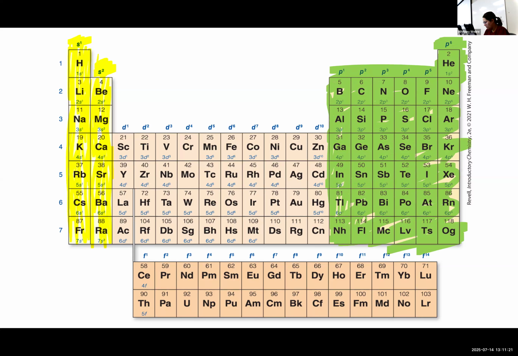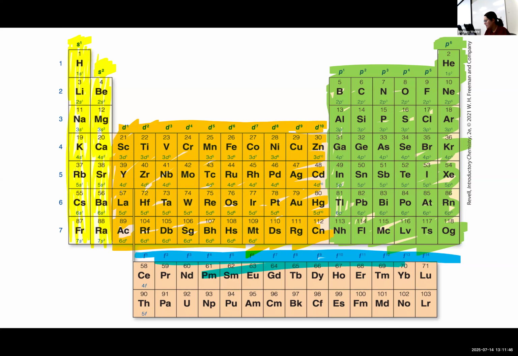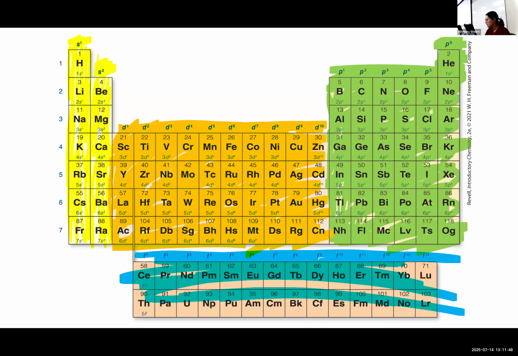Do you have another color? Okay. Your transition metals, that's going to be your D block. And then your F block is the lanthanoids and actinoids.